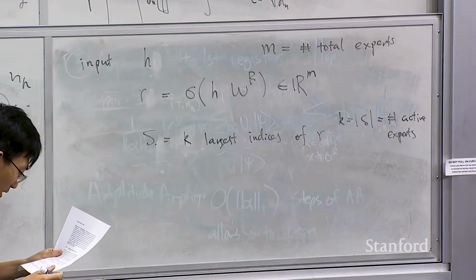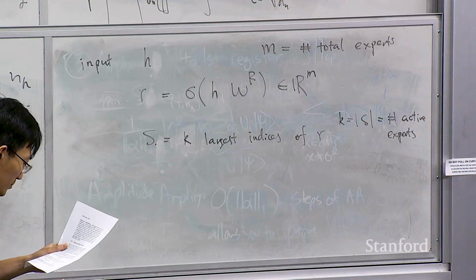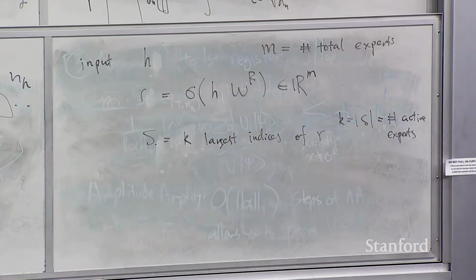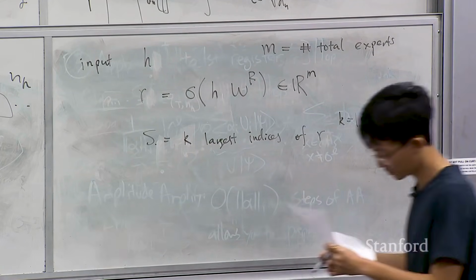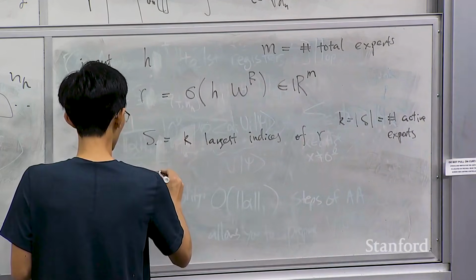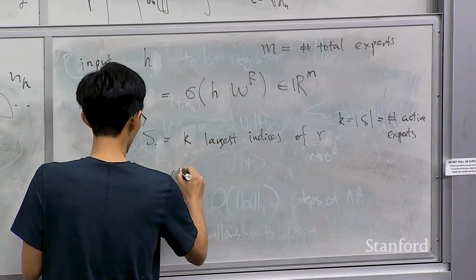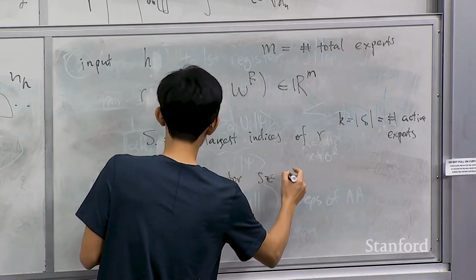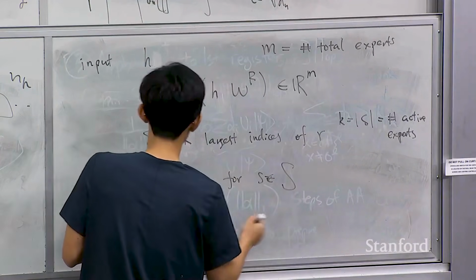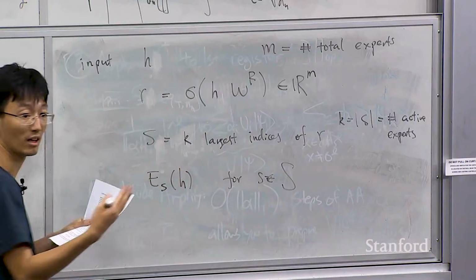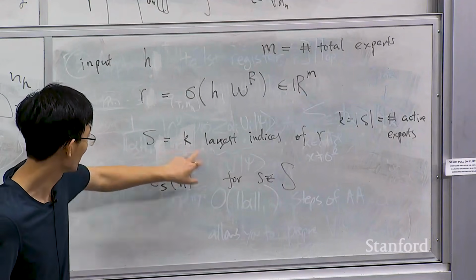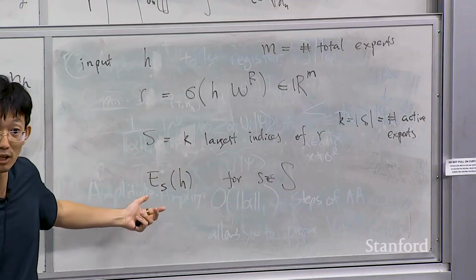And then you say I'm going to run my expert on this input. So I'm going to run E_s on the input h for s in capital S. So capital S is my set of indices of the k largest, and for each s in the k largest, I'm going to run the expert to get some output.